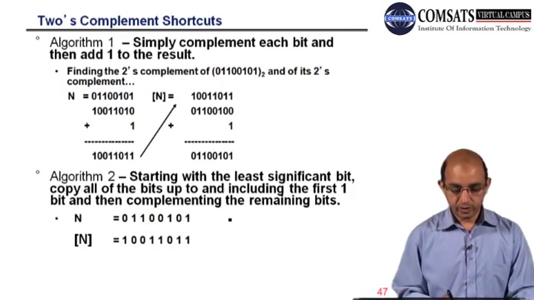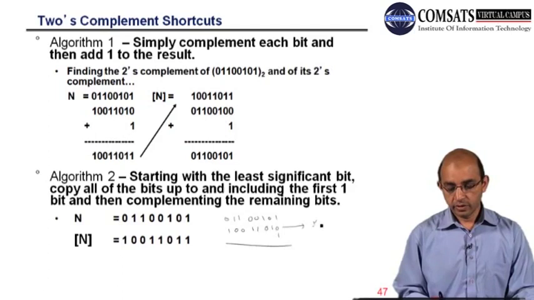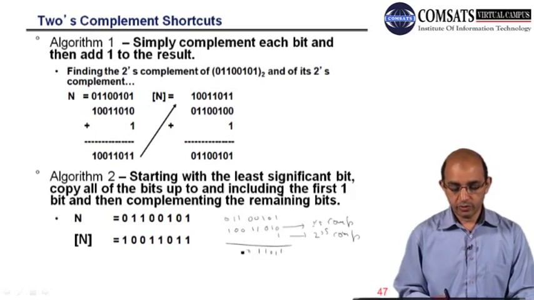I will complement this by using algorithm 1: 1 0 0 1 0 1. So I have to invert all the bits. This is the 1's complement. After adding 1 we have the 2's complement, 1 1 0 1 1 0 0 1.